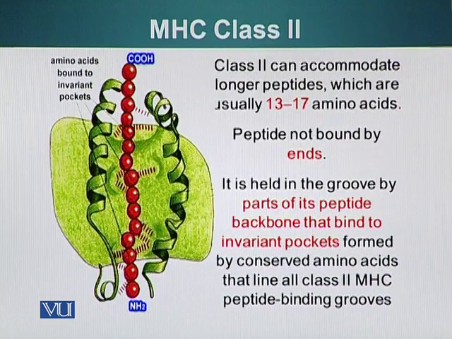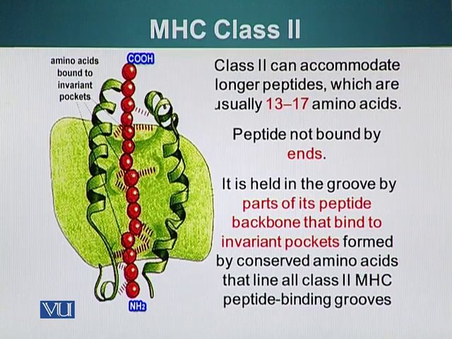MHC class 2 molecules can accommodate longer peptides, which are usually 13 to 17 amino acids long. Again, in this case, they are not bound by the ends. However, they are still held in the groove by the invariant pockets present on the surface of the MHC molecule, and again they recognize the conserved part of the amino acid backbone.